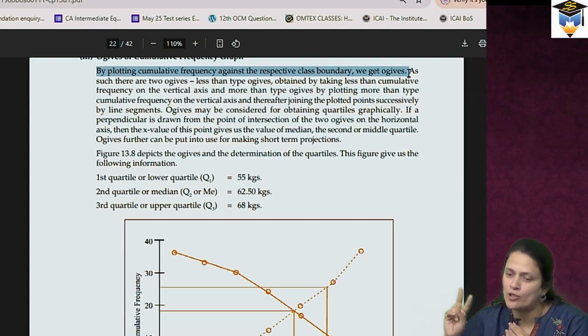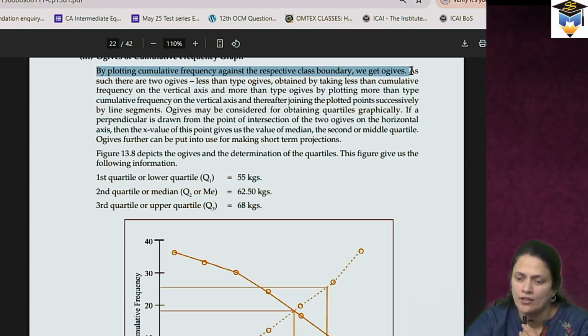There are two types of ogives, as you can see over here.